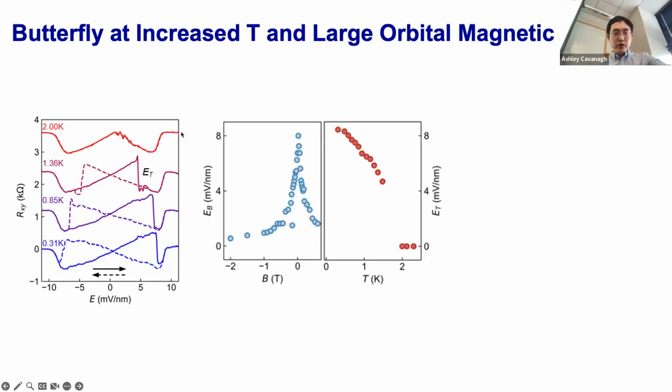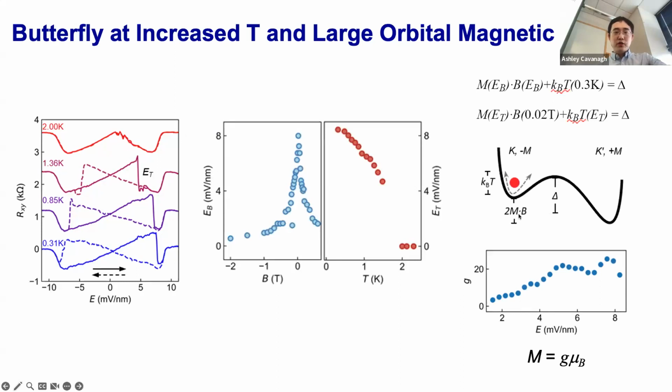right? So basically, the whole picture to think about the effect of external magnetic field and temperature is you have two states to choose from, okay? K minus M or K prime plus M. And there's a barrier between them. Applying magnetic field helps you stabilize one of them and destabilize the other one.